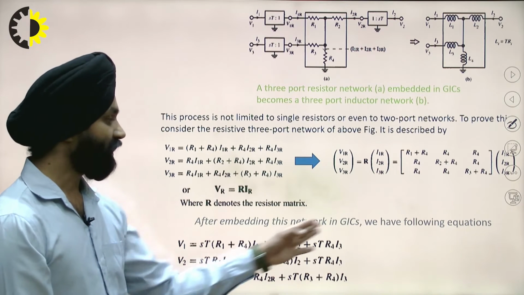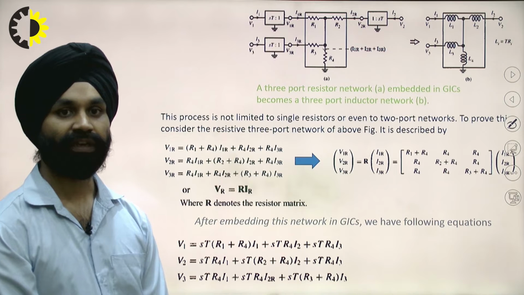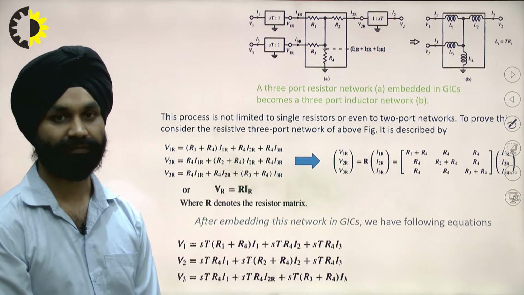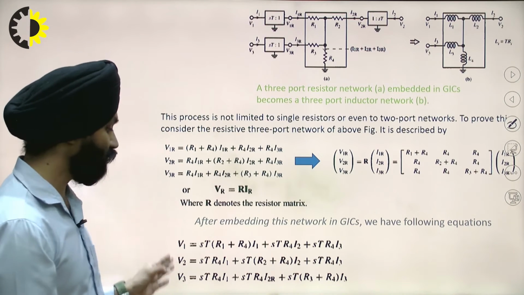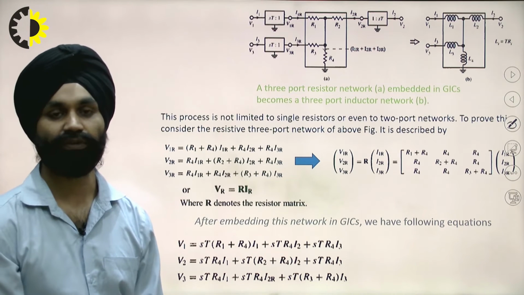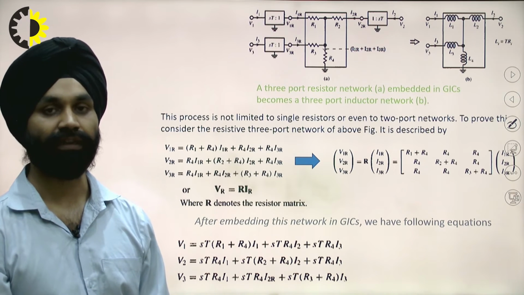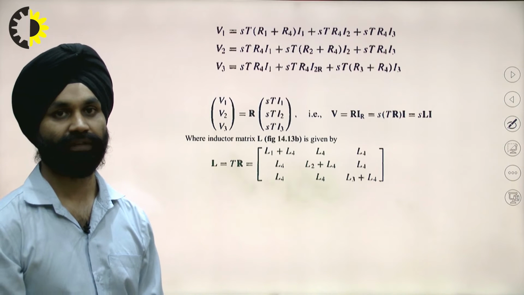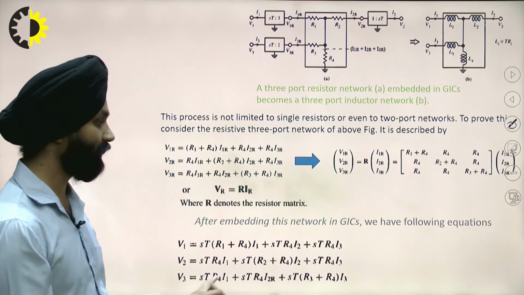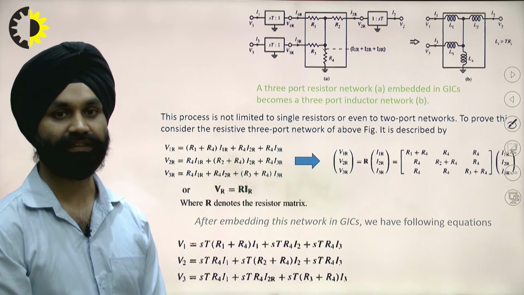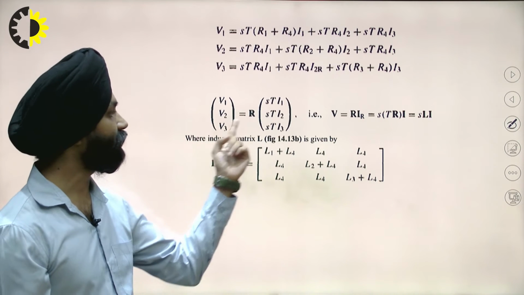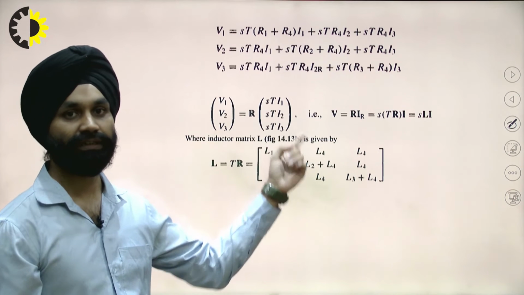After embedding this network to the GIC, we can have the different forms of the V1, V2 and V3. So these V1 to V3 forms can be written by using this equation, by implementing the GIC. So these three equations that are used by GIC can be given by the three vectors, which is V is equal to I, ST, IQ.